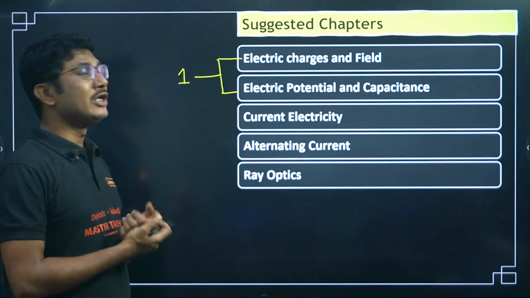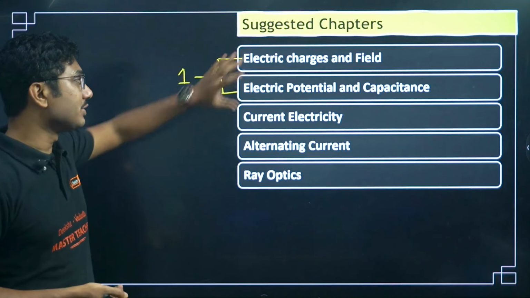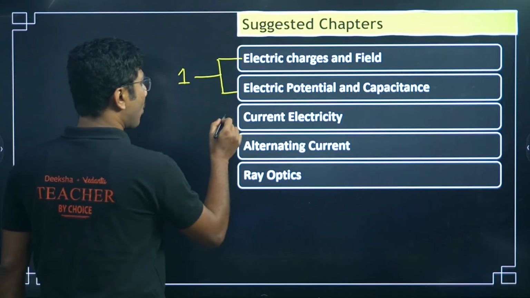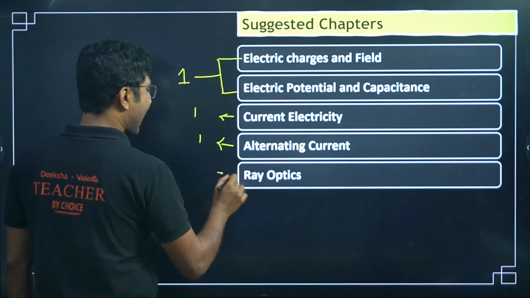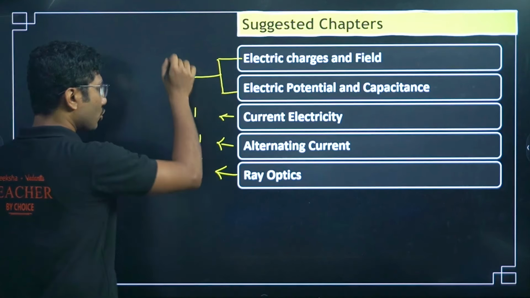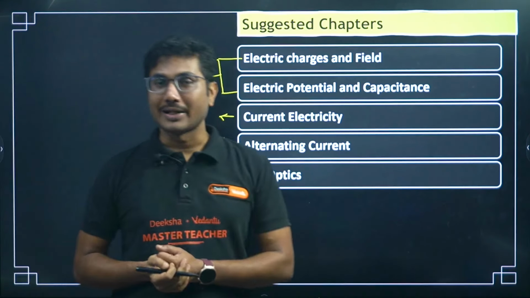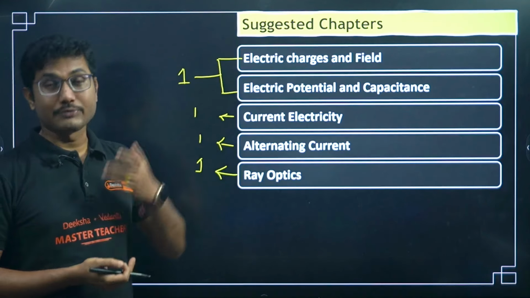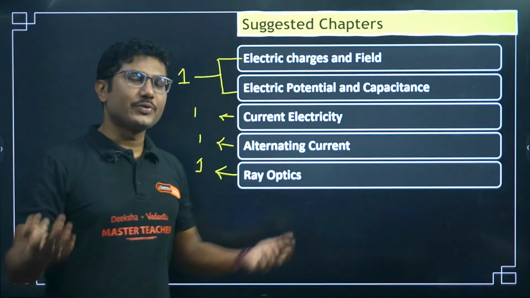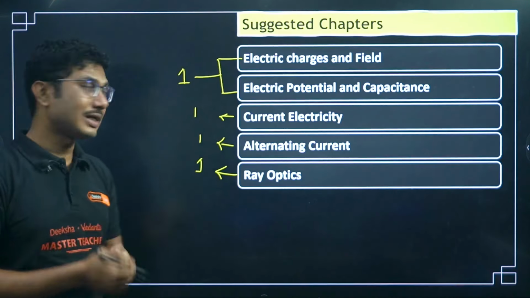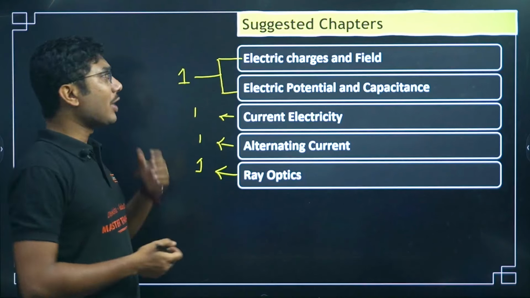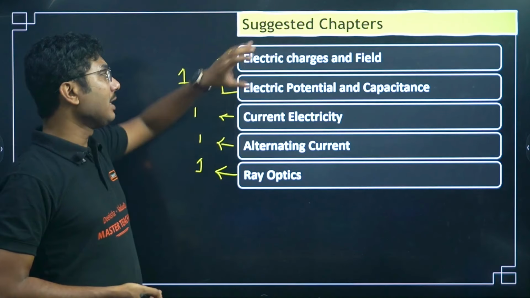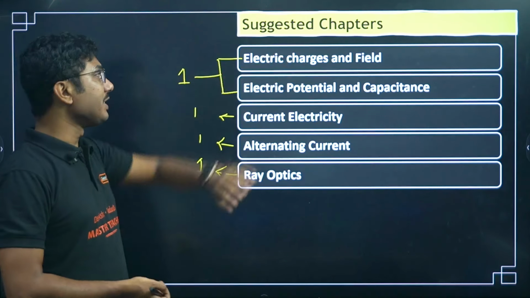The remaining 4: 1 from current electricity, 1 from alternating current and 1 from ray optics. So, a total of 4 questions will be given, and you will have to answer any 2 of them. Clear?